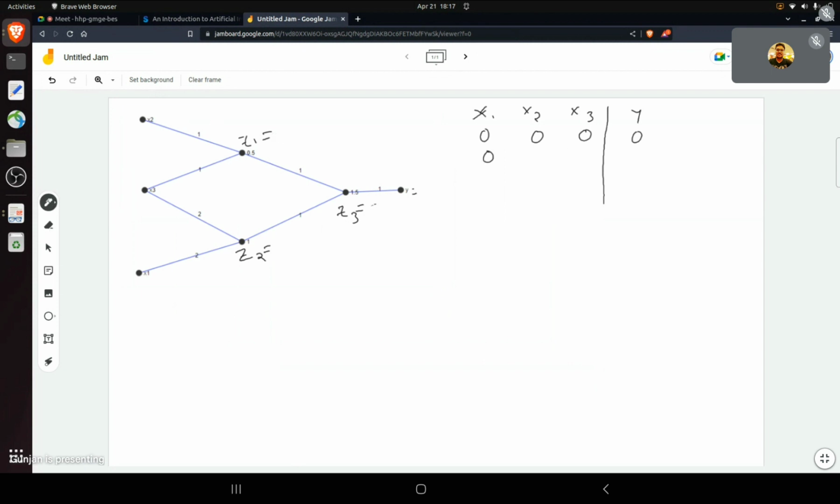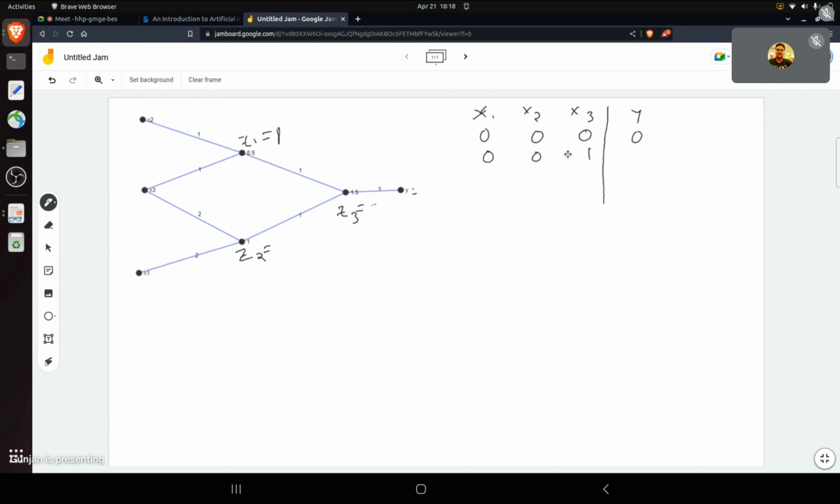When x1, x2, x3 is 0, 0, 1, z1 is 0 plus 0. It says x1, x3, x2, so this will not be 0 in that case. x2 is 0, x3 is 1, so this will be 1.